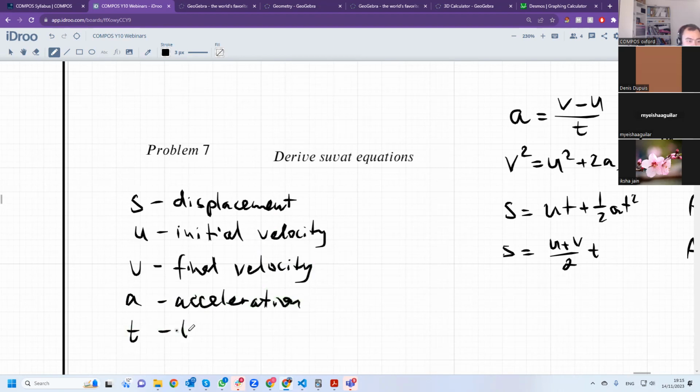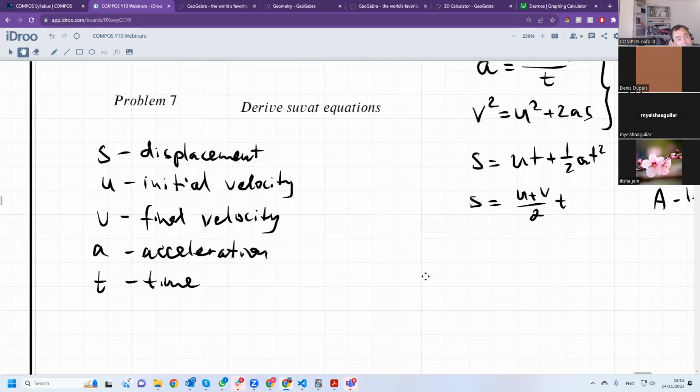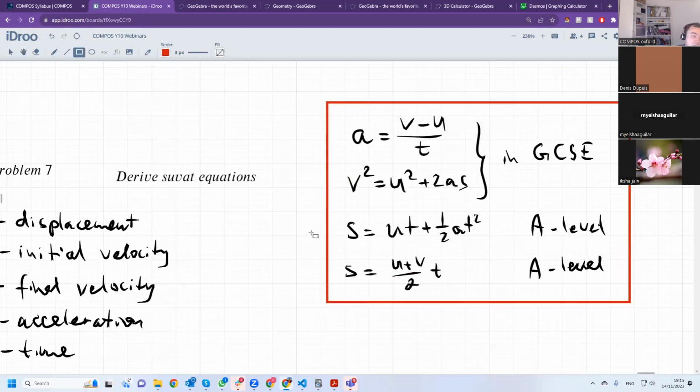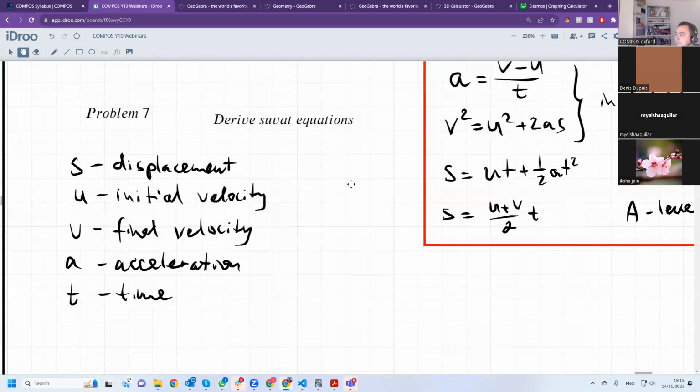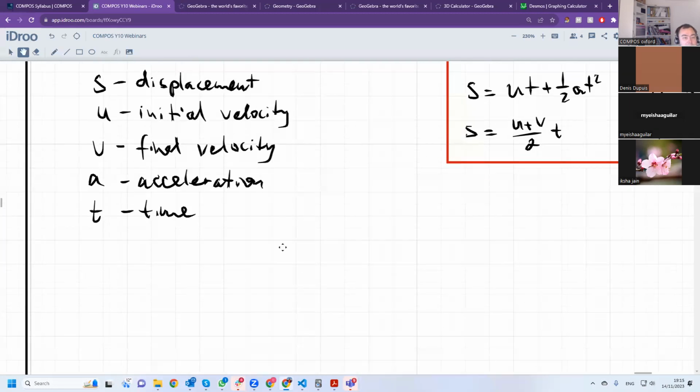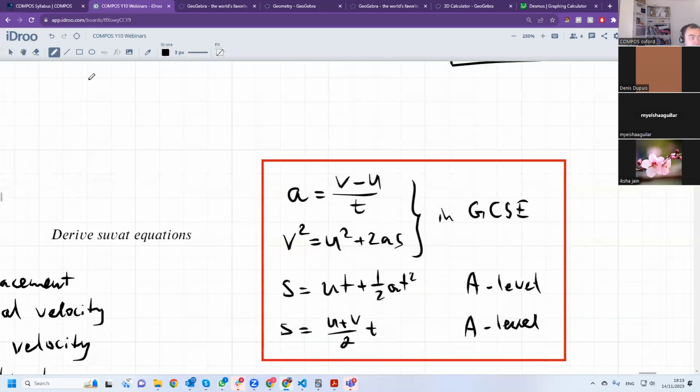And t is time. So Suvat equations are the 4 equations that connect s, u, v, a, and t. So these are the 4 Suvat equations.